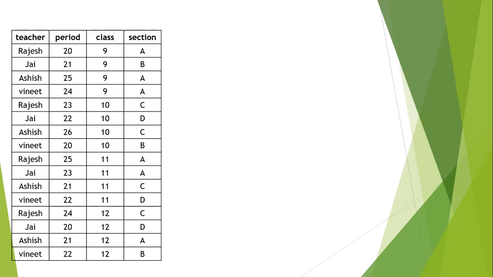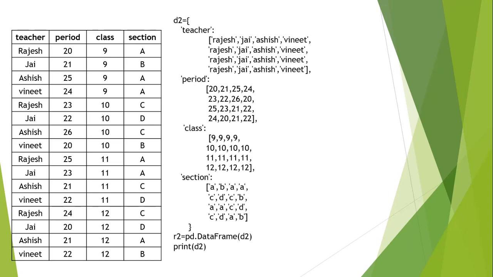Now suppose we have to show this whole data according to pivot; let's see what the output will be. Here we have written D2 equals teacher: Rajesh, Jay, Ashish, Vineet; the periods are there, class is there, section is there. We have created a dictionary, D2, and that dictionary has been passed inside the data frame R2.